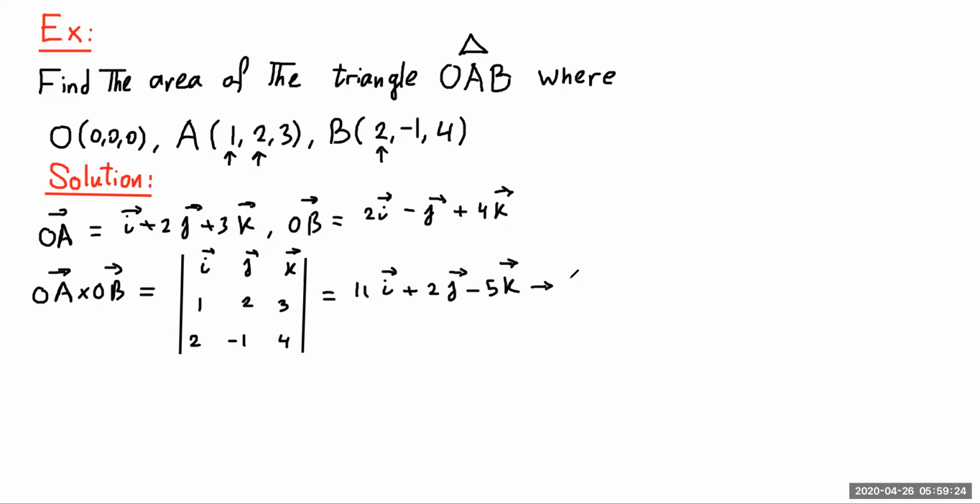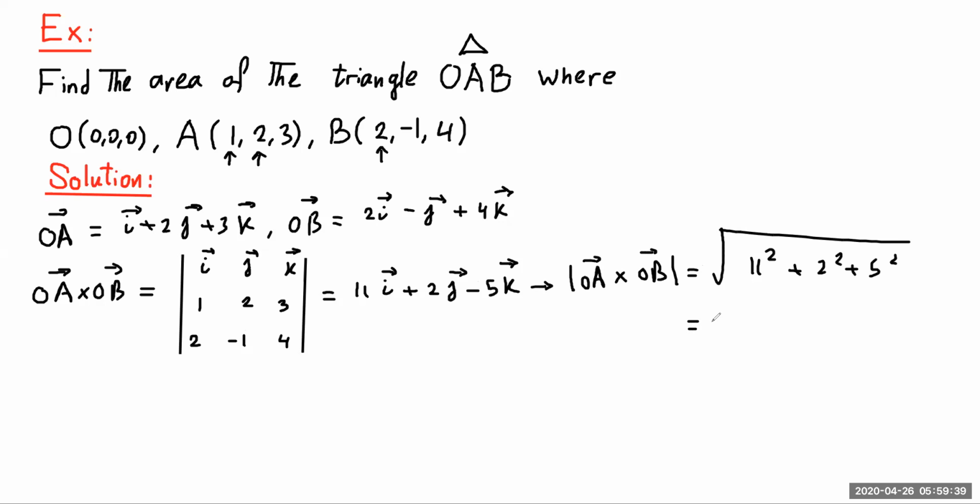So what is the length of OA cross OB? It's the root of 11 power 2 plus 2 power 2 plus 5 power 2. So it's the root of 121 plus 4 plus 25, so it's the root of 150.